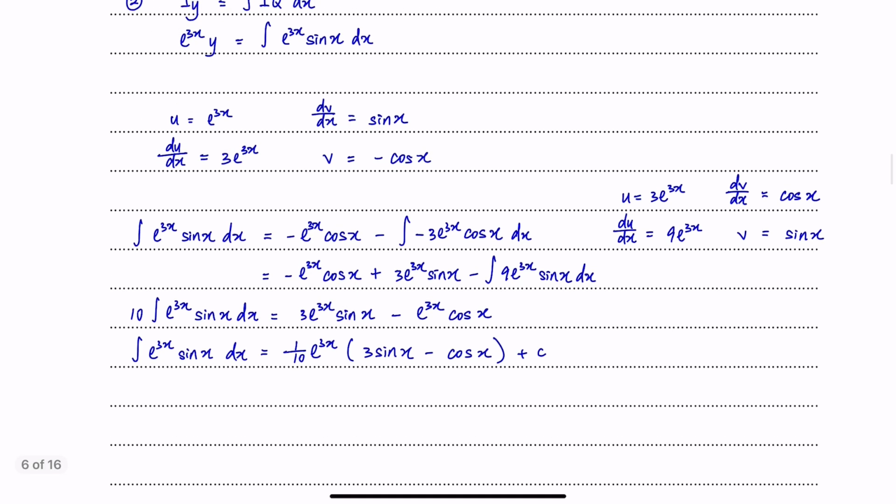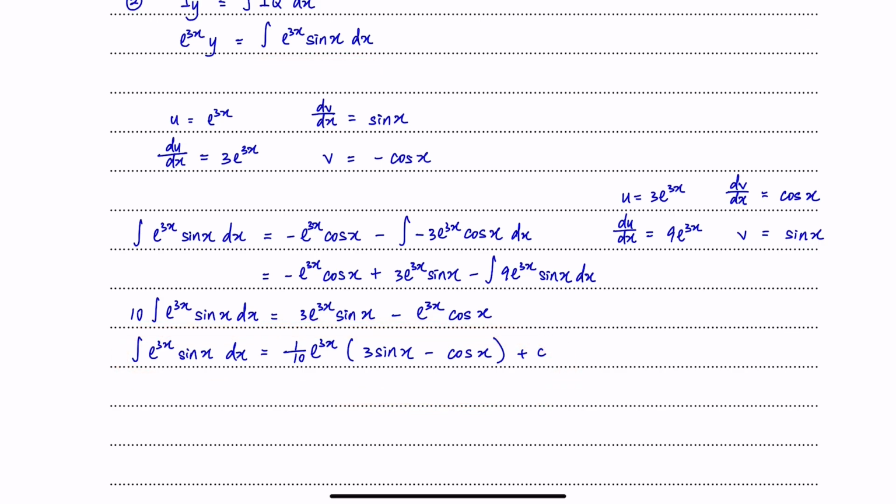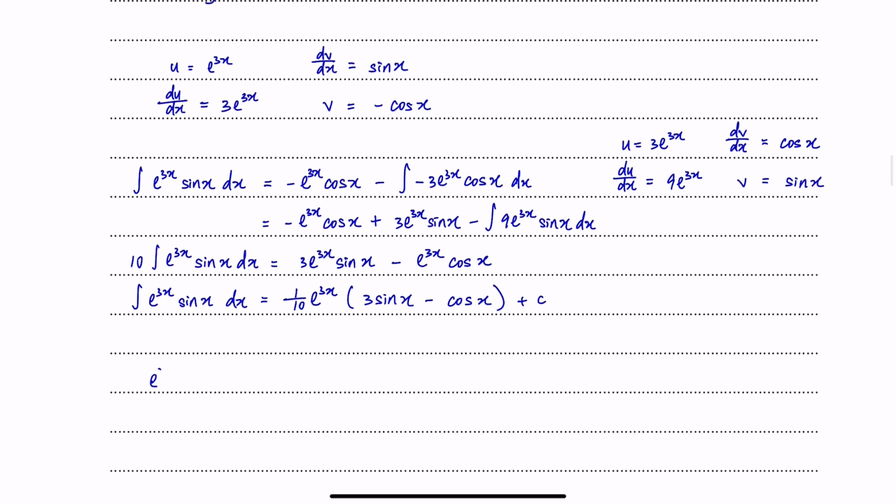So we just need to sub this equation back into this, and we will get e to the 3x times y equals 1/10 e to the 3x times (3 sine x minus cos x) plus c.